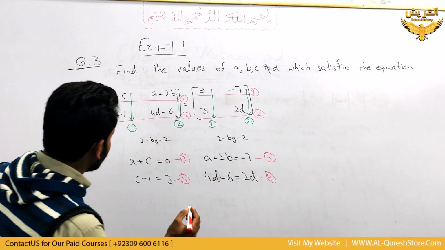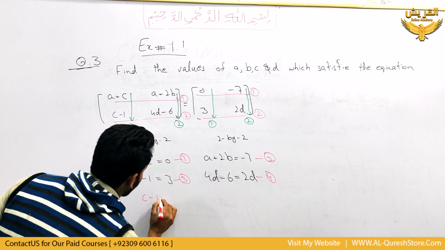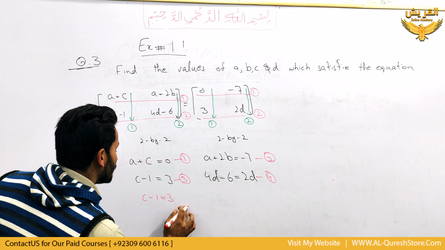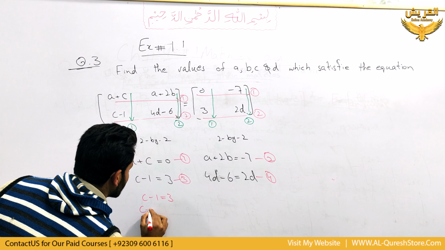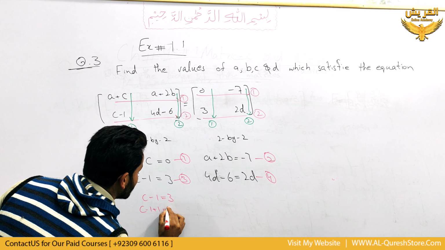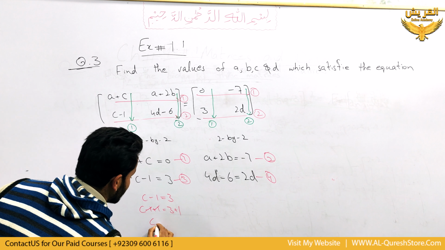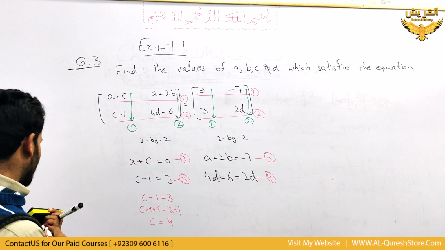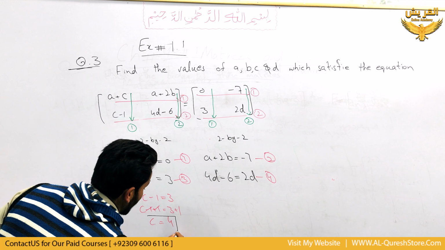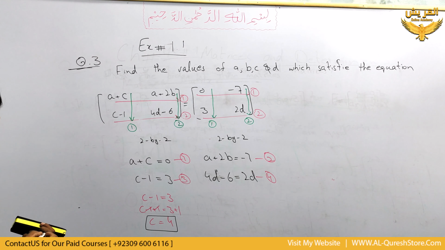First we look at the third equation, c minus 1 is equal to 3. Adding 1 on both sides, c minus 1 plus 1 is equal to 3 plus 1. The minus 1 and plus 1 cancel, c is equal to 4. So we have found the first value, c is equal to 4.